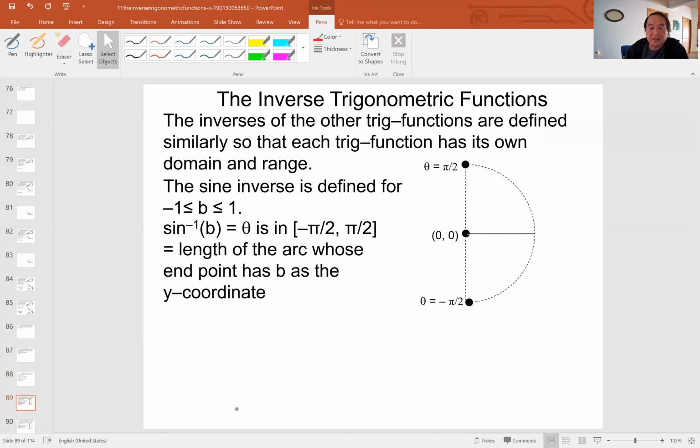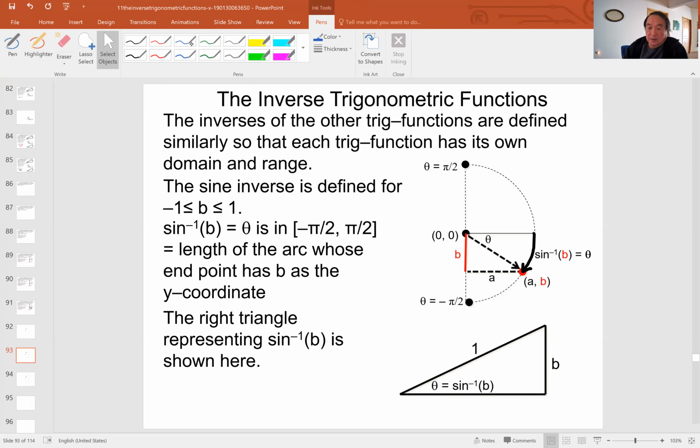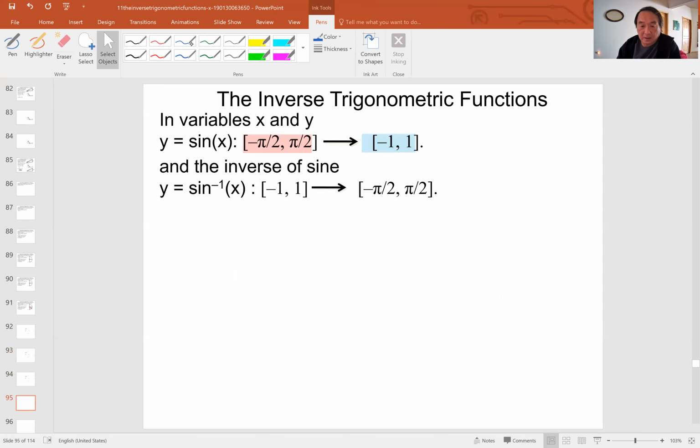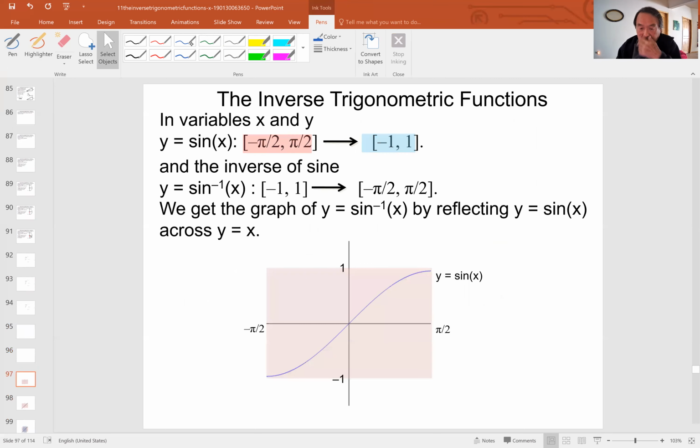And similarly, we define inverse sine, except we restrict the domain of sine to -π/2 to π/2. Remember, we have to make the sine function 1-to-1. Here's the graph of it, and on this segment it's 1-to-1.